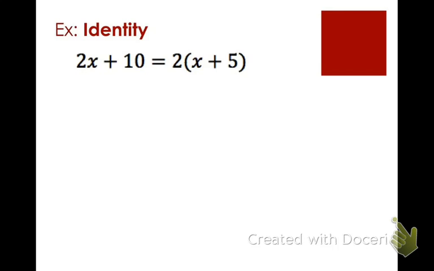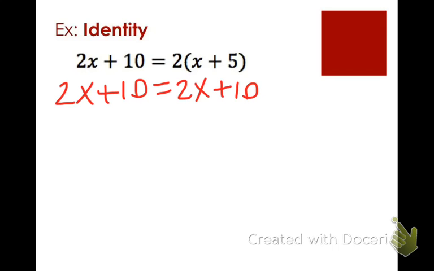So let's look at an example of each one. If you have this equation, first thing you're going to do is distribute. 2 times x is 2x. 2 times 5 is 10. Now, you might be able to look at that and realize that the solution is all real numbers. Anything you plug in for x, both sides are always going to be equal. But out of habit, you might start trying to solve.